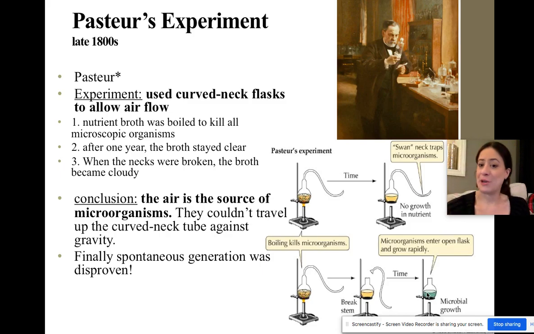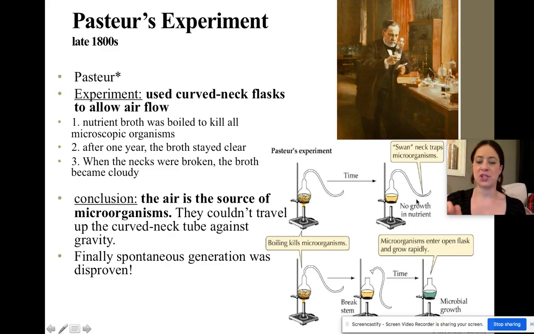So for someone who does believe in spontaneous generation, this made them hard to defend their position, because the air and the vital force are still able to get into the broth, but here the microorganisms would be trapped.